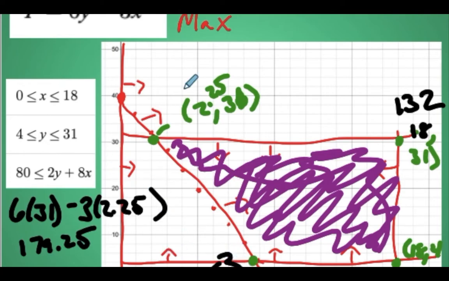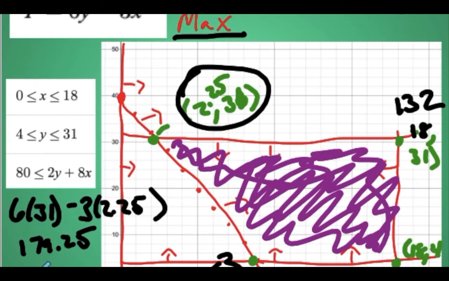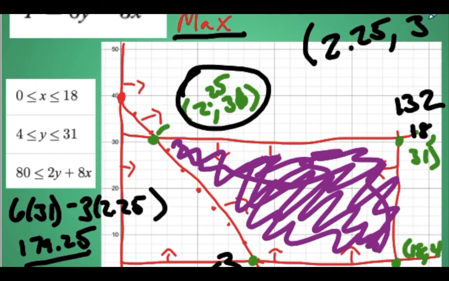Since I said I wanted to maximize my function, that would mean that this coordinate gave us the largest value of 179.25. So the correct answer here would be 179.25 at the coordinate of 2.25, 31. So our solution is actually the coordinate.